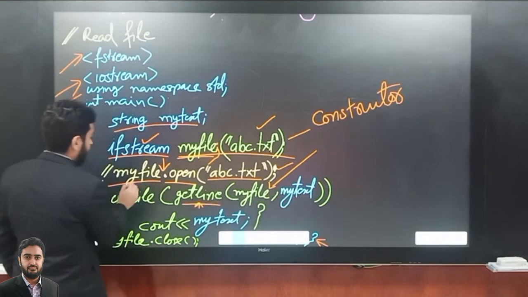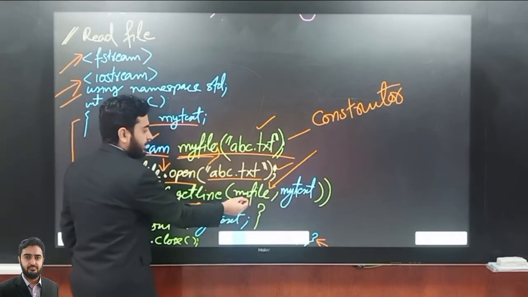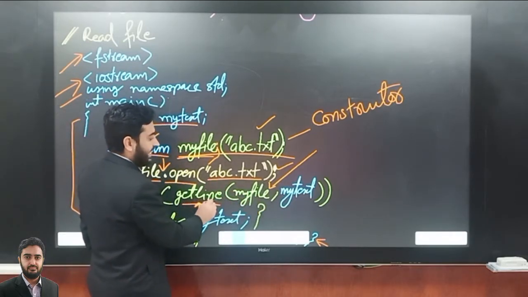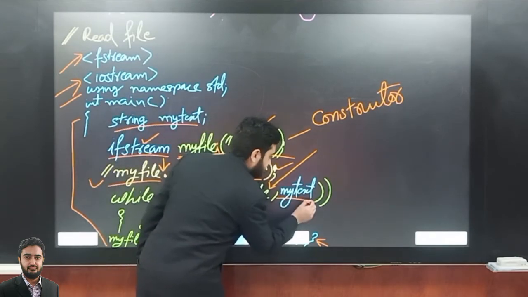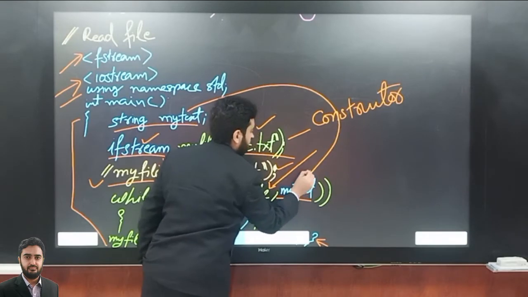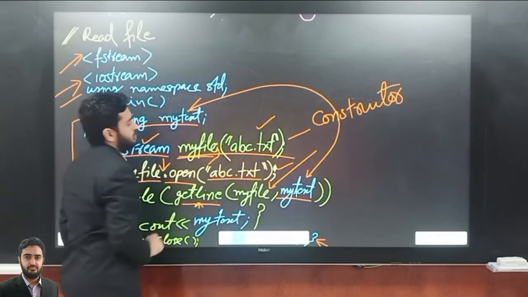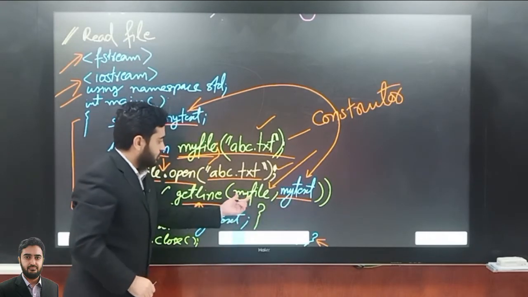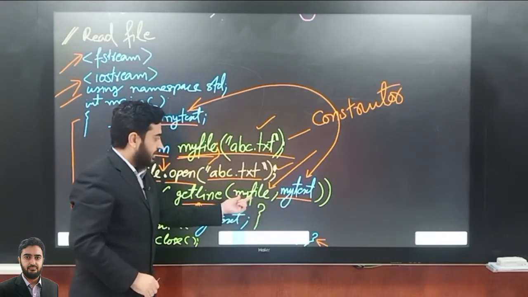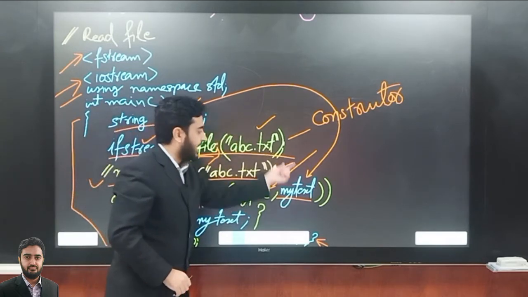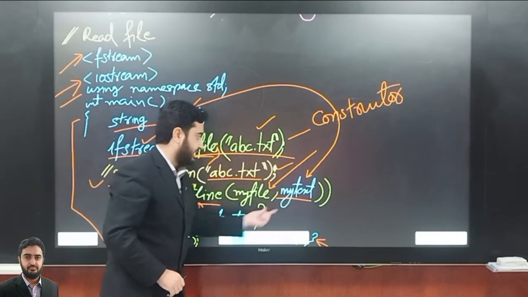This is my file object, and now it has been opened. From my file it will read a line, and that line will be saved in my text. This is a variable of string type. So we are going to read a line from the file and save that line into the string variable.